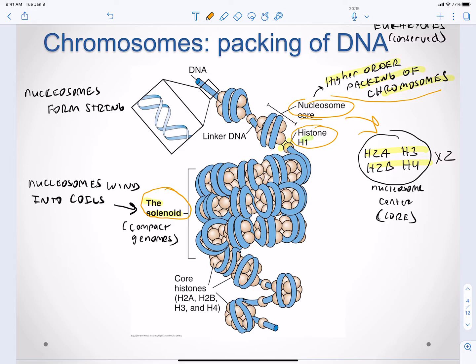And then, as I mentioned before, histone 1 is excluded from the core, and histone 1 is a linker histone protein. Now, the nucleosomes are going to form a string, and then they're going to wind into coils, and these coil structures shown here are the solenoid structures. And solenoid structures are therefore going to be able to compact the DNA.